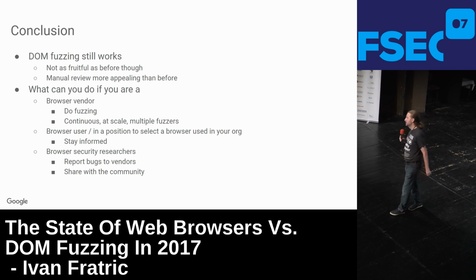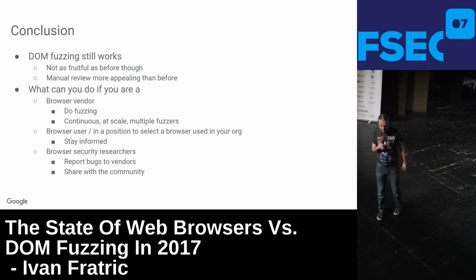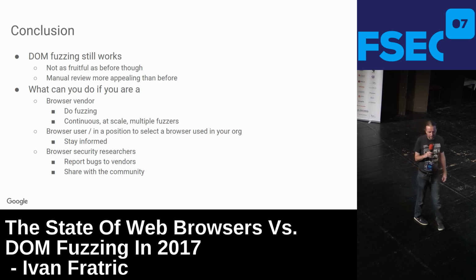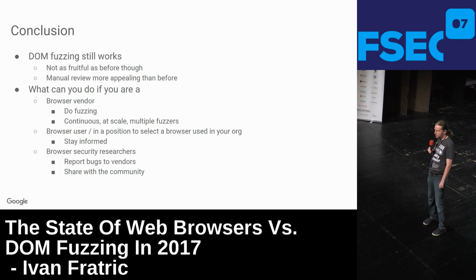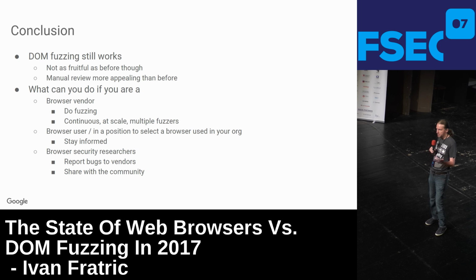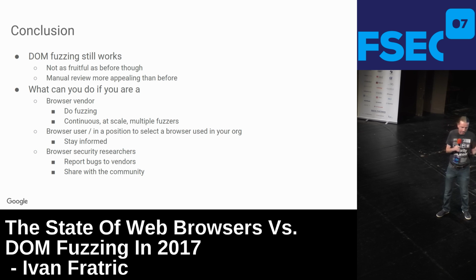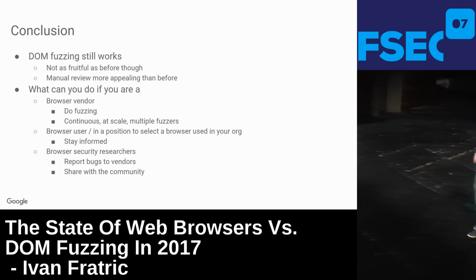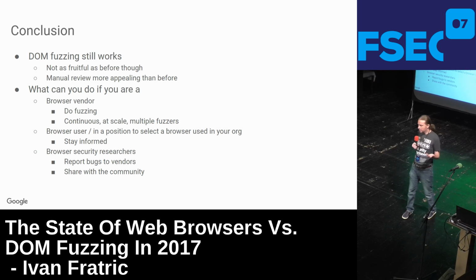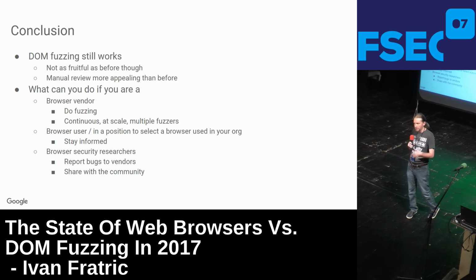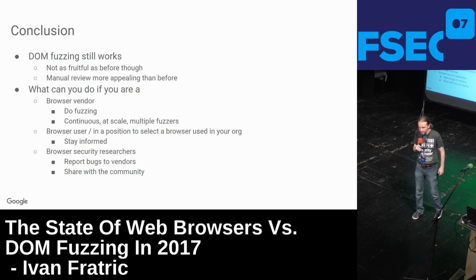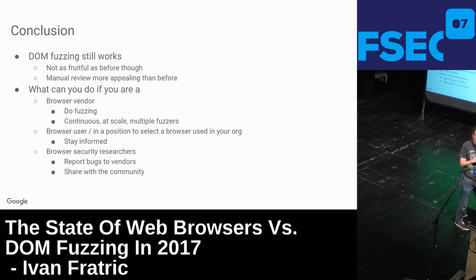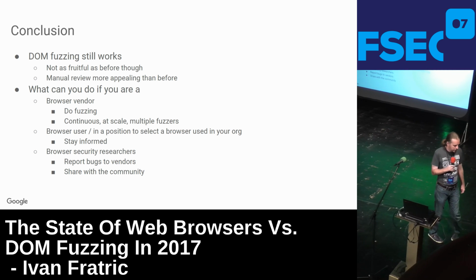The good part is that while it does find bugs, it finds fewer bugs than it used to, and that in itself forces bug hunters to do more manual review, and that is a good thing because manual review has a higher barrier to entry if we're talking about advanced attackers. So, what can you do?